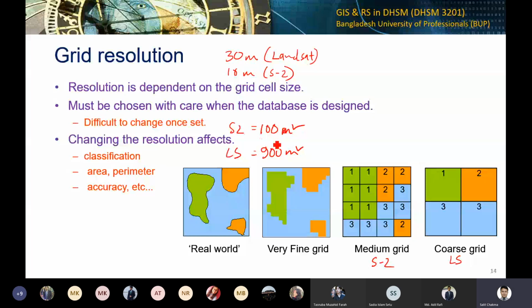Now, do you realize the difference between the areas? Although it seems, okay, 30 and 10, not much of a difference, only 20 meters difference, that is 1/3. But when you come to the area, you cannot really say it's 1/3, because that's 100 square meters and then 900 square meters.